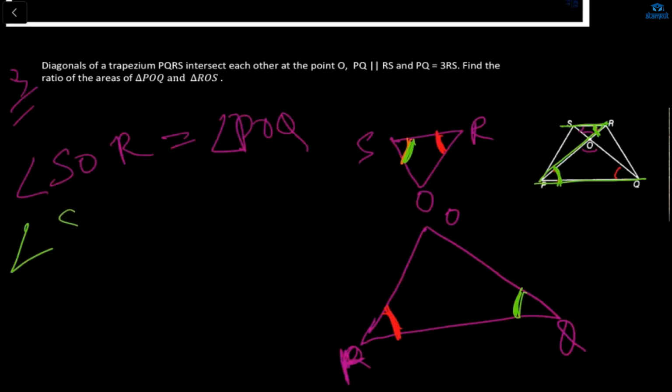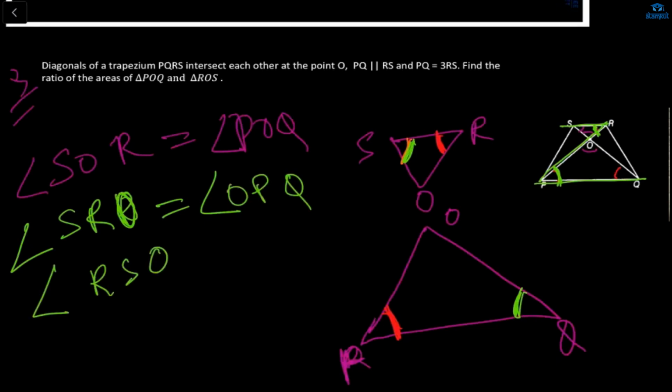So therefore, angle SRO is equal to angle OPQ, and angle RSO is equal to angle OQP.